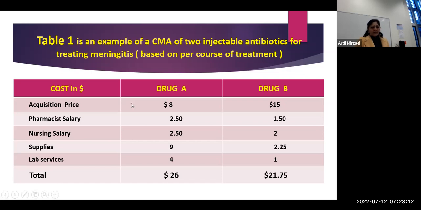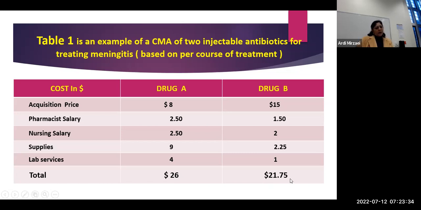So let's put the other factors. The pharmacist salary, here in this case it is 2.5, 1.5. Nursing salary 2.5, 2. Supplies 9, 2.25. Lab services $4, $1. So if you total, this will be 26 and this is 21.75.